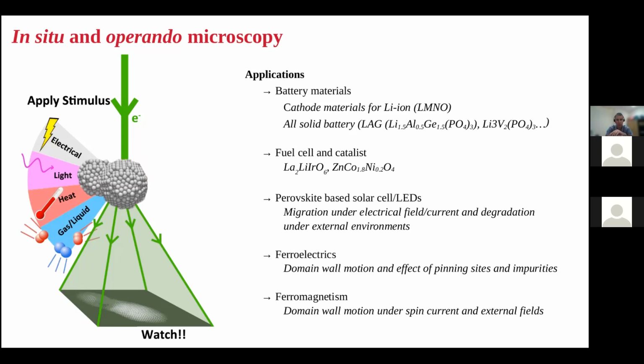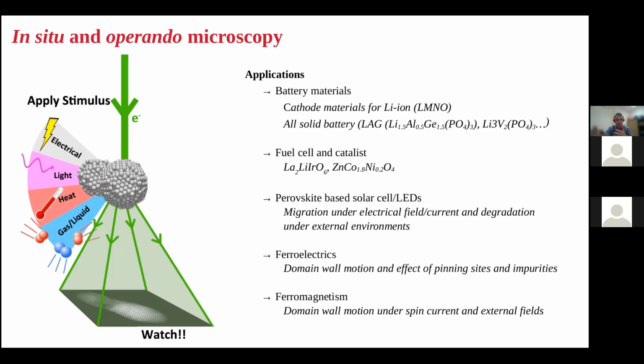There are also some other in situ experiments that you can do, typically by putting in some gas or introducing some liquid and seeing how the material reacts in the presence of different gases or different liquids. And what we call operando is really when we operate a device inside the TEM. A typical example that I'm working on is battery material.